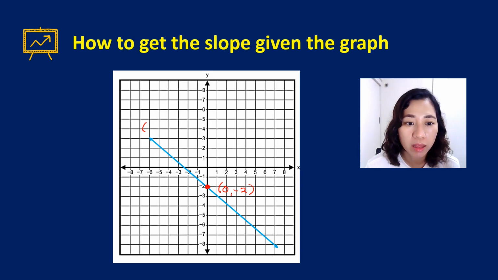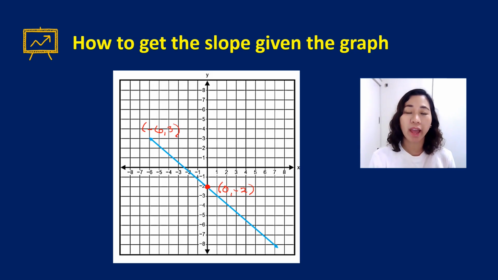This is the point (-6, 3), correct? Okay, so I will get 2 points there, and then what you can do is you can either use the formula, rise over run, or you just look at the graph and do the rise over run thing. So what I will do here is I will just use the rise over run.